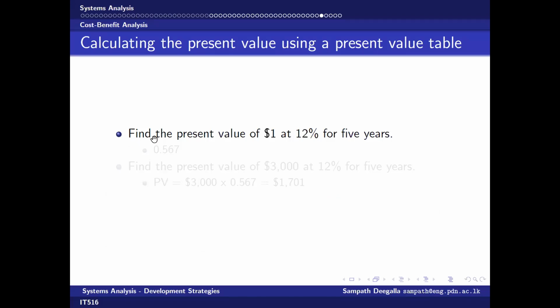Let's say we need to find the net present value of $1 at 12% for 5 years. The present value of $1 at 12% for 5 years, that will be, if you look at the table, you go back to the table.